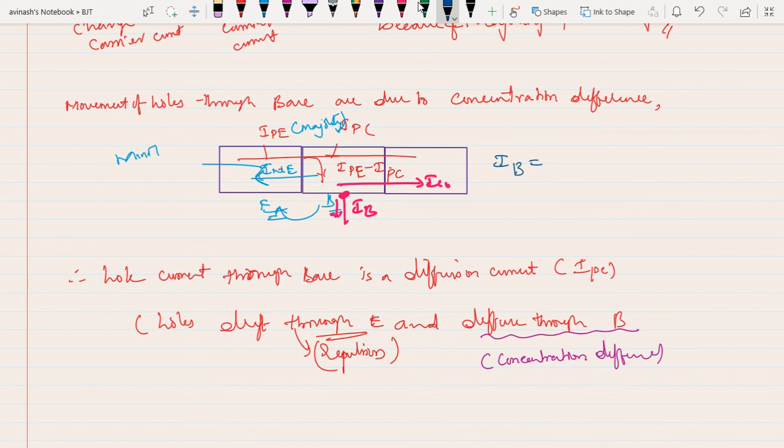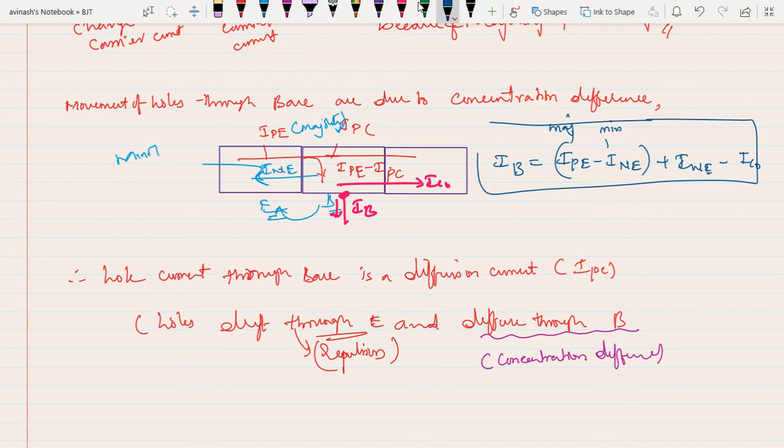The incoming currents we can write here: IPE minus IPC, plus INE, minus IC naught.